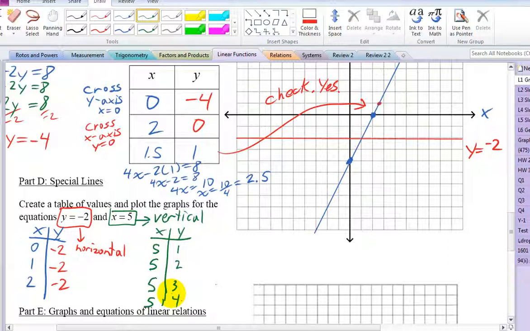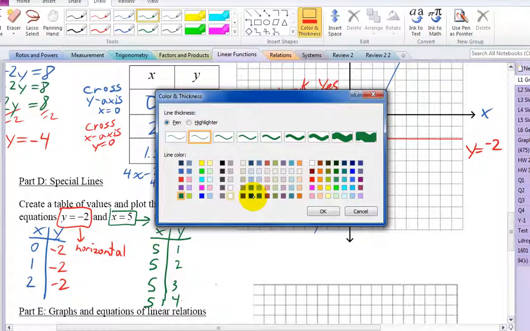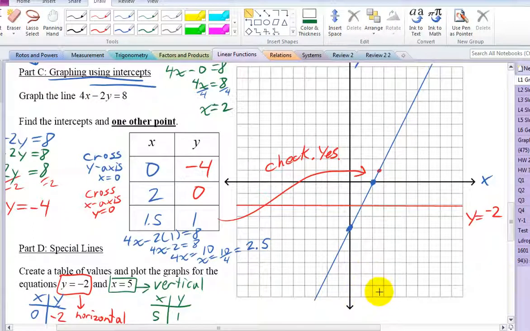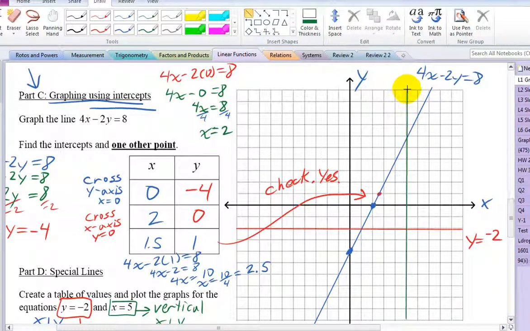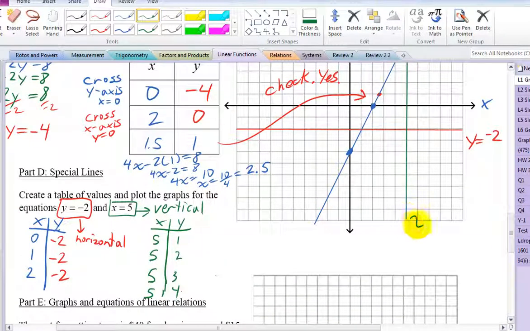Go ahead, plot the line. So X equals 5, 1, 2, 3, 4, 5. And this line goes straight up and down. Right there. And so you can label it as well. X equals 5.